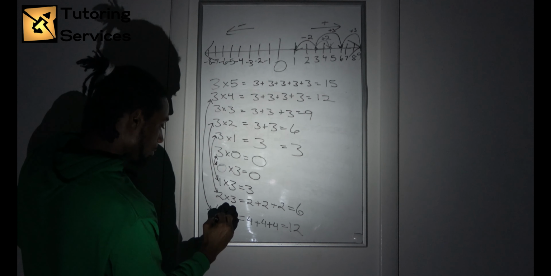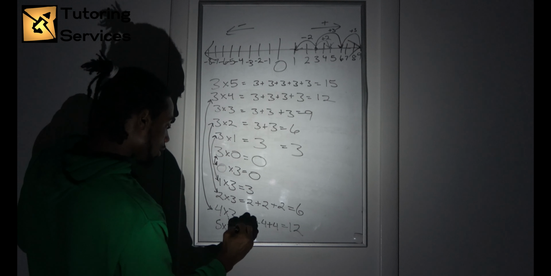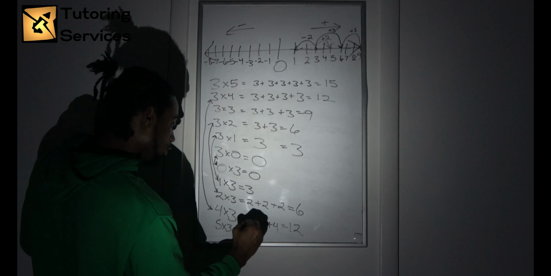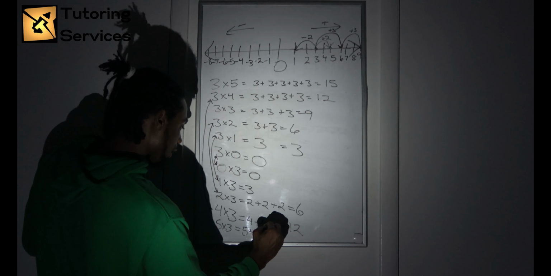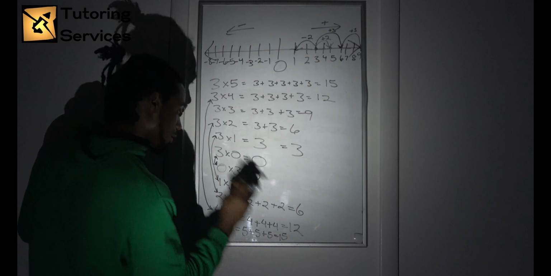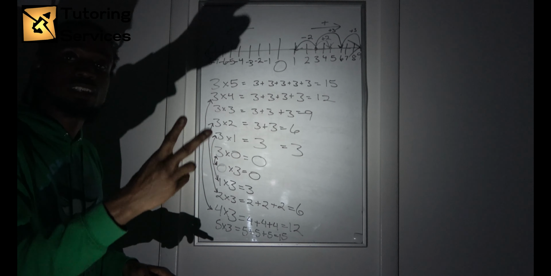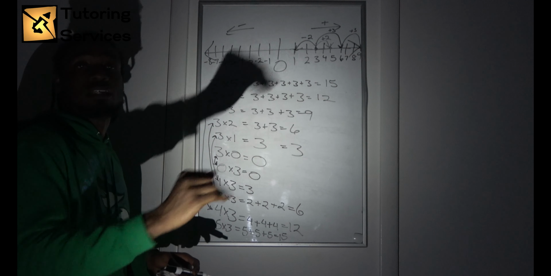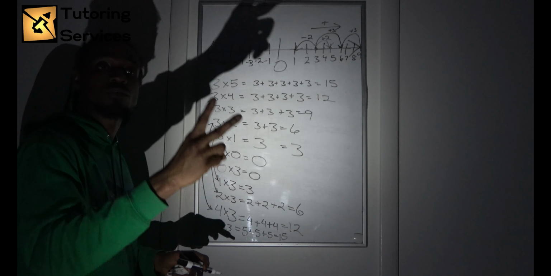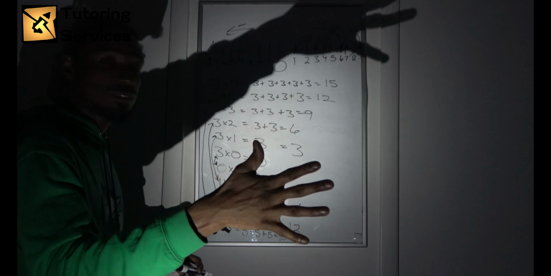And then, last but not least, 5 times 3 also equals 15, because it's 5 plus 5 plus 5. 5 plus 5, we start 5, 6, 7, 8, 9, 10. And then add another 5, 11, 12, 13, 14, 15.